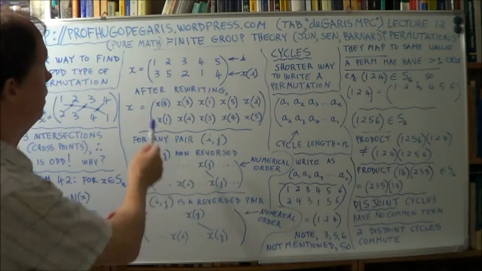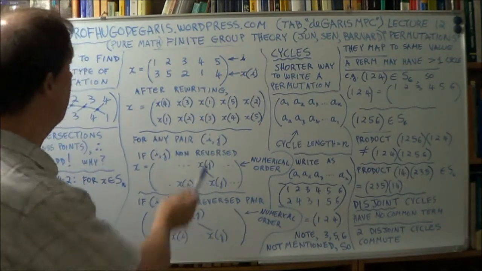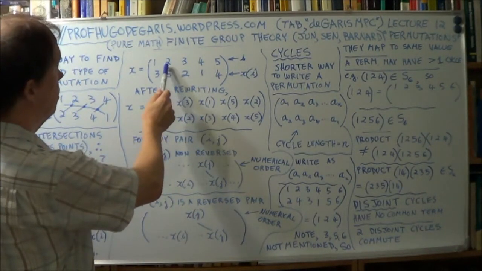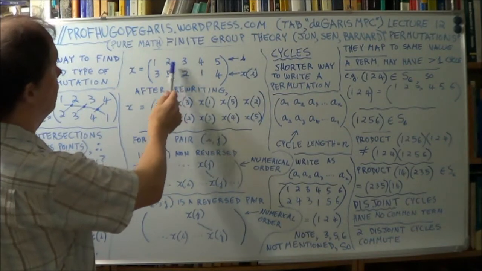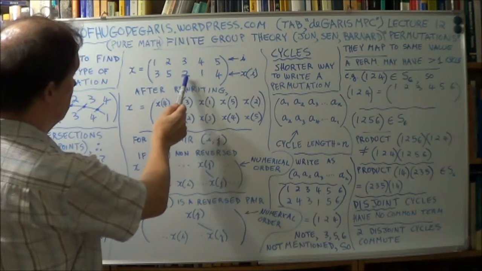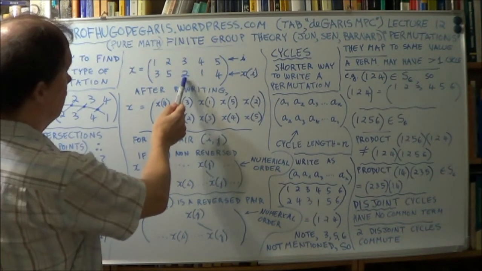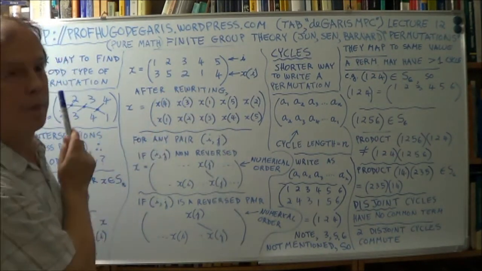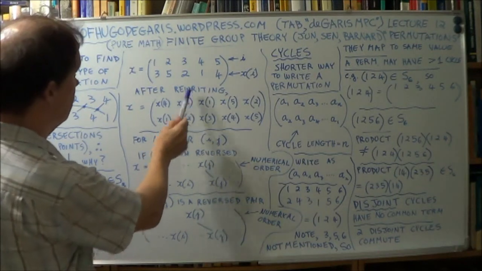Now similarly, I'll do it quickly. 2, what's 2? Well, 2 is what you get when you permute 3. So for 2 here, I can write x of 3.